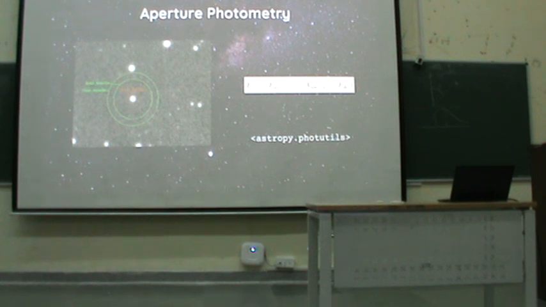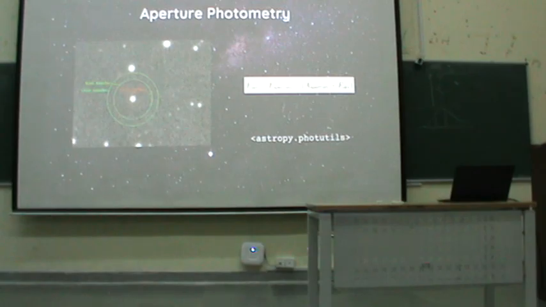I measure the flux inside the object aperture, the smaller circle, and call it F1. Then I measure the flux inside the bigger circle and call it F4. Now, if I subtract F1 from F4, I will have the flux in this region.